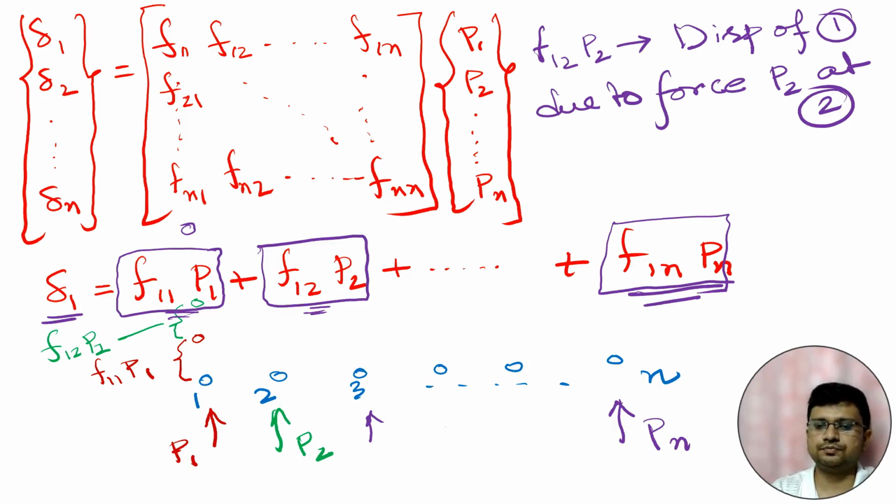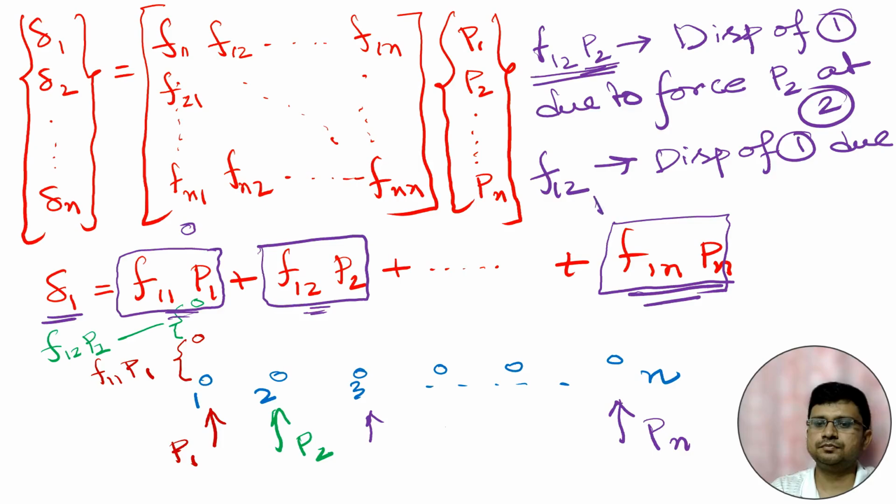So now, what will be F12? If P2 is 1, then this part will become F12. So when will P2 be 1? When the force will be unit force. So F12 is actually the displacement of node 1 due to unit force at node 2.